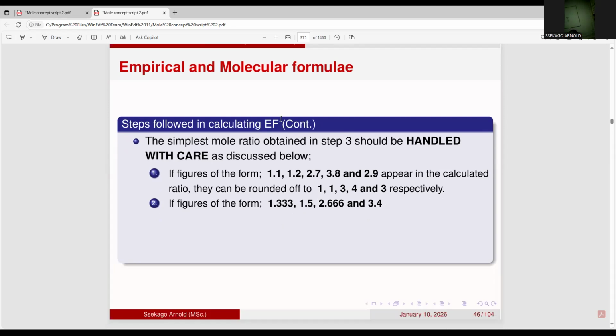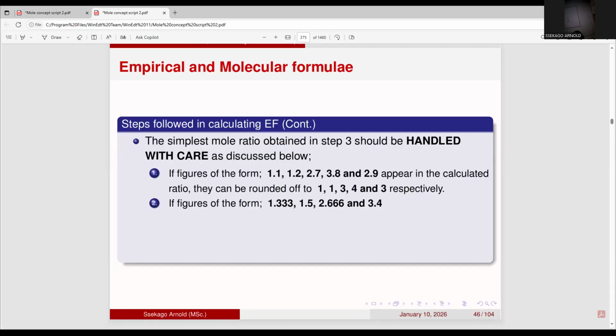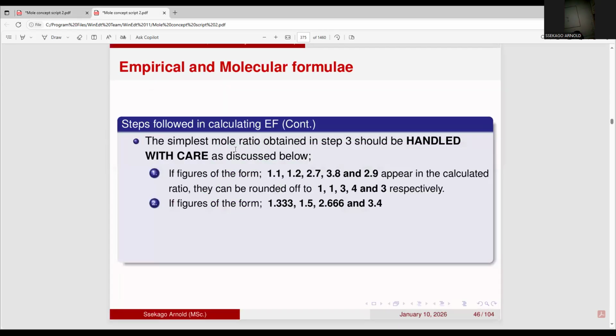Because now this is what we have: 2.4996, and here it is even 3.4. Someone can also decide to round off to 2.5, but you can as well leave it there. So it has 0.4. Now this is what the rule says: 0.33, 0.5, 0.66, 0.4.